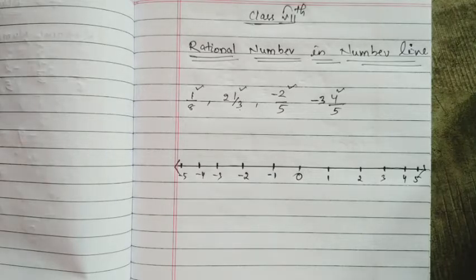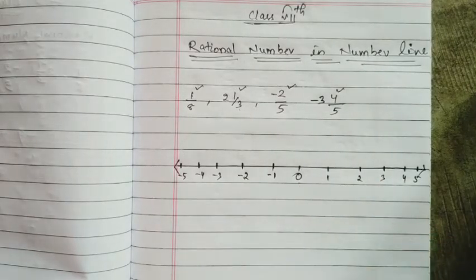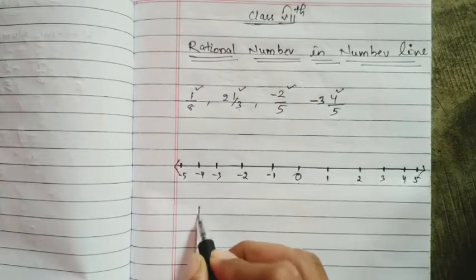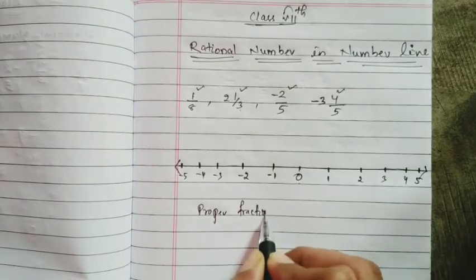So remember two basic things to represent on a number line. If a question says it is a proper fraction and we have to represent the proper fraction on a number line, remember the proper fraction will lie between 0 and 1.